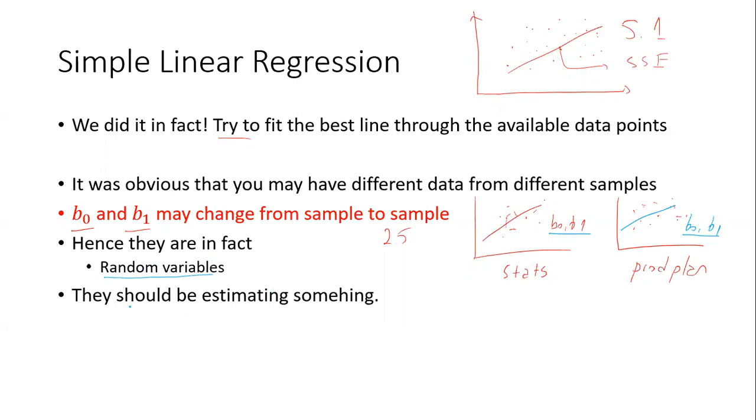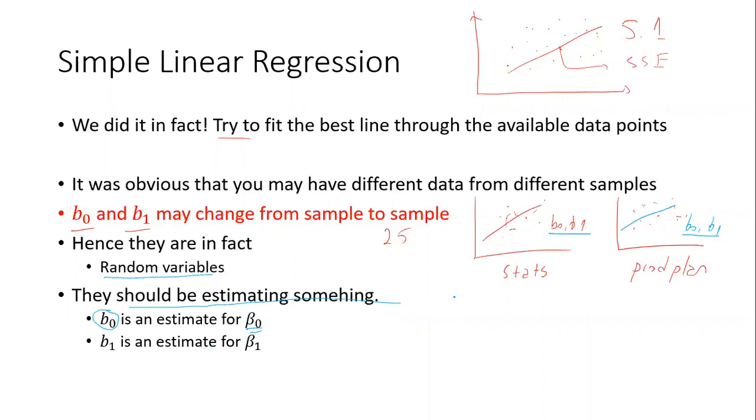And as you might guess, they should be estimating something. Well, in fact, B0, which was the intercept of the line that we found by minimizing SSE, is an estimator for beta 0, which is the population intercept, and B1 is an estimator for beta 1.